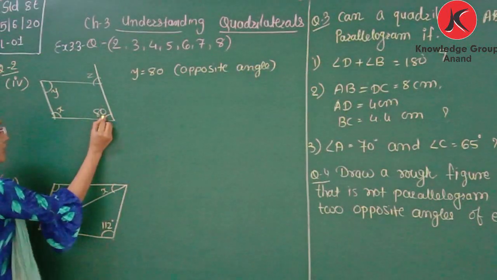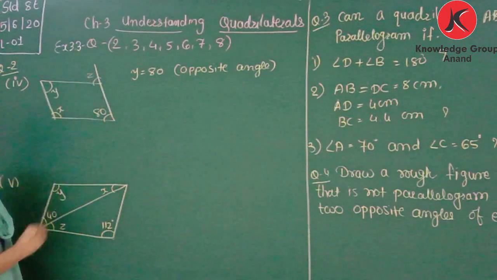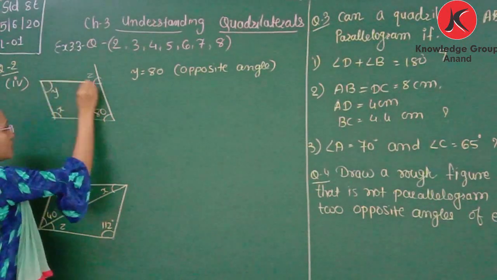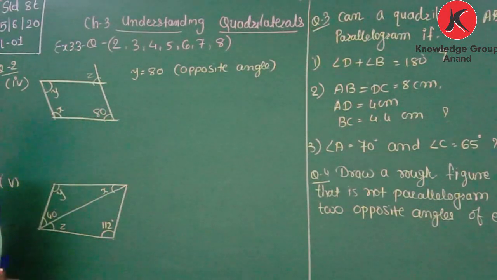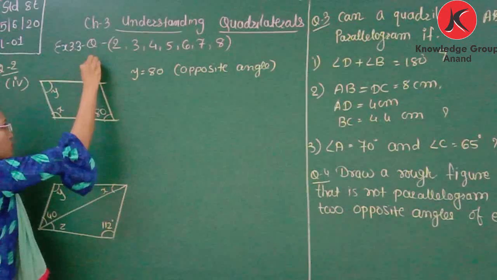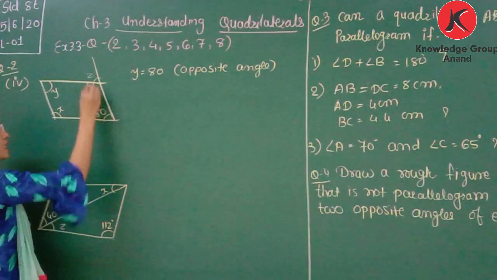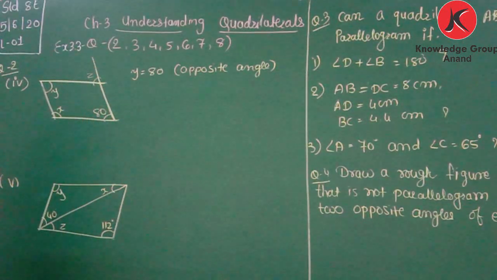Now this angle is 80 and z. So if we consider these are the sides of the parallelogram, these two sides are parallel to each other and this will be a transversal. Okay, so 80 and z will be corresponding angles.